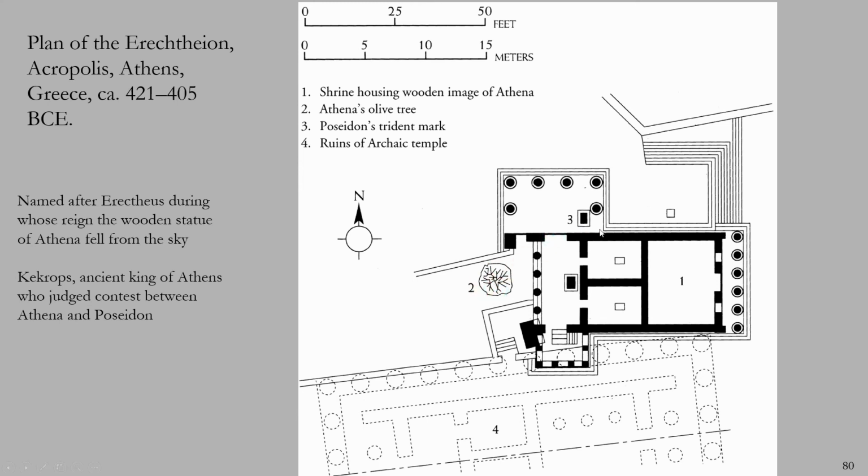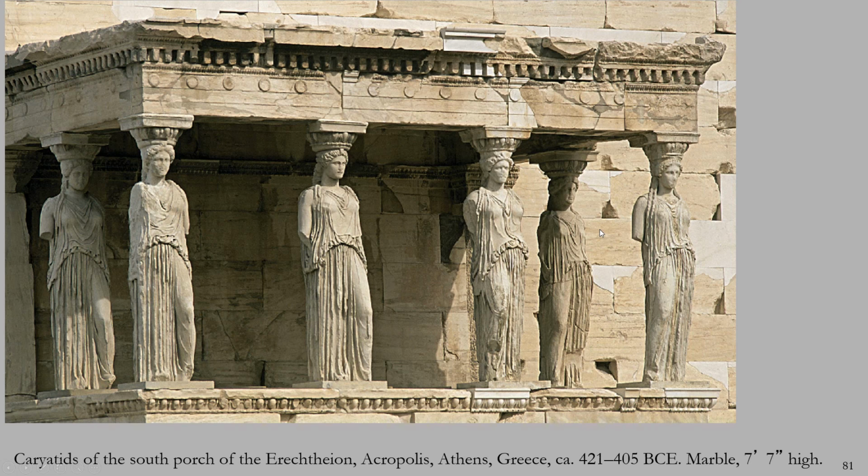There are caryatids, which are basically female figures that are used as columns. We have seen these back with the Siphnian treasury at Delphi, and here we see it. These were very elaborate.